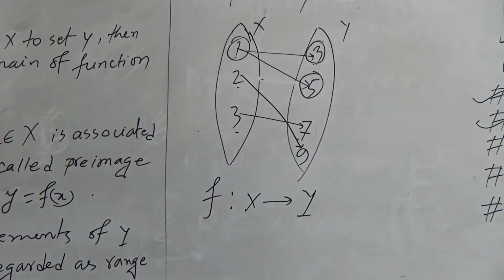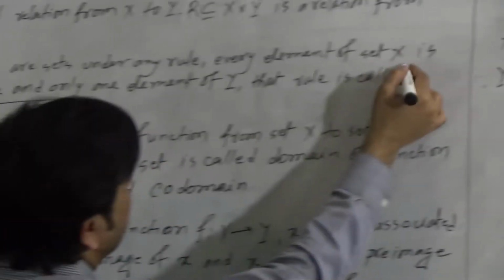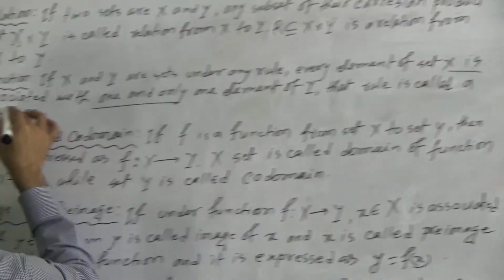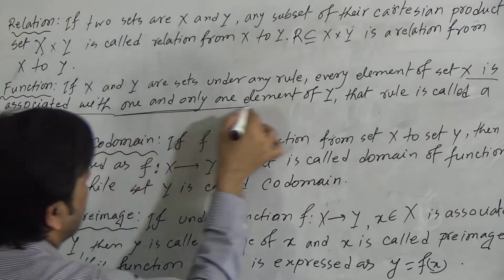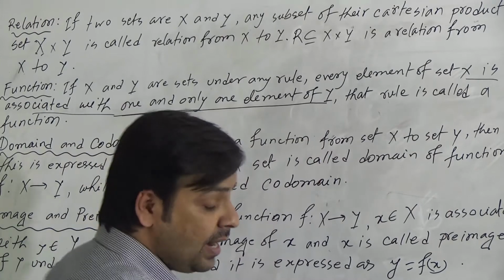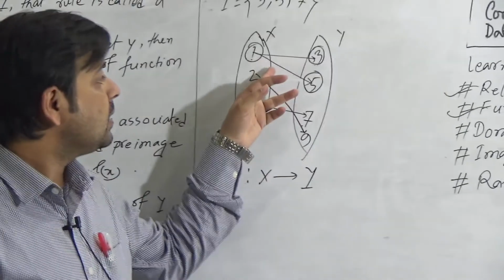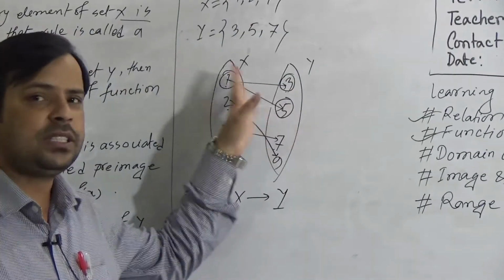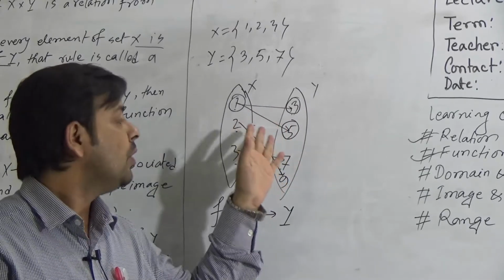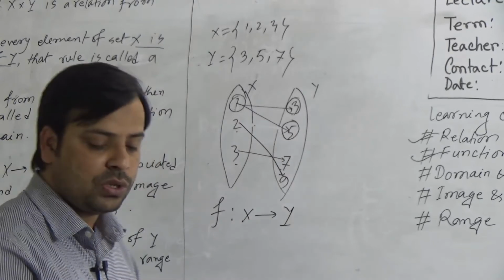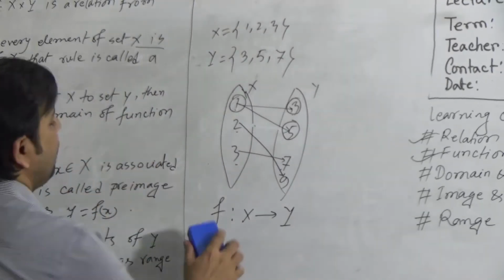As the condition is that elements of X are associated with one and only one element of Y. So 1 is associated with 2 elements, so this is not a function. So in this way we can show the definition of function.